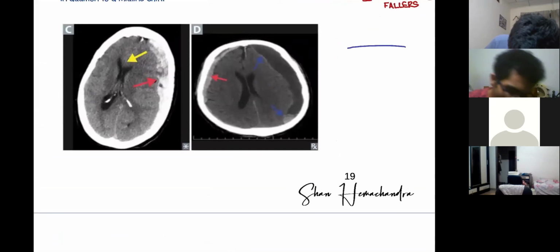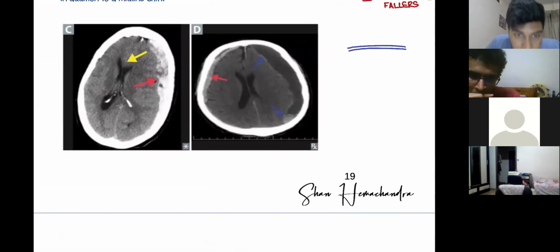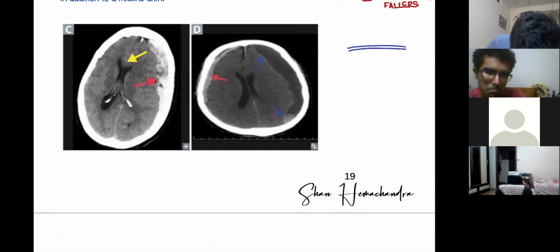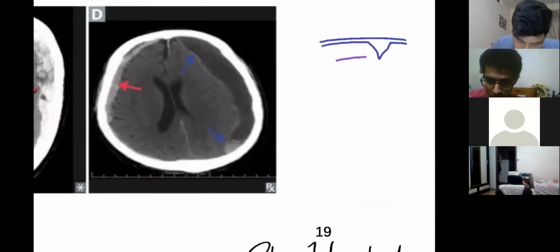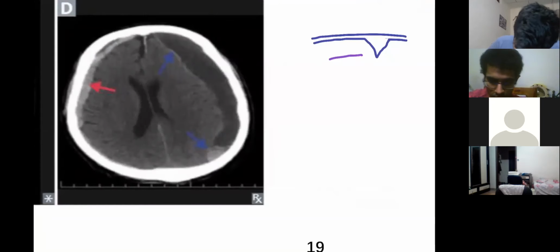Now, I told you guys, this is the skull. This is the dura layer. This is the entire dura layer.